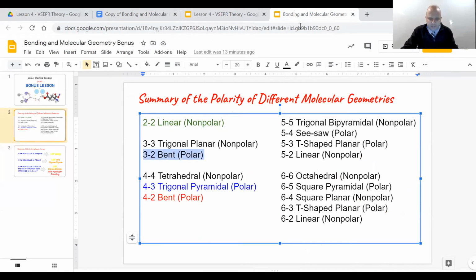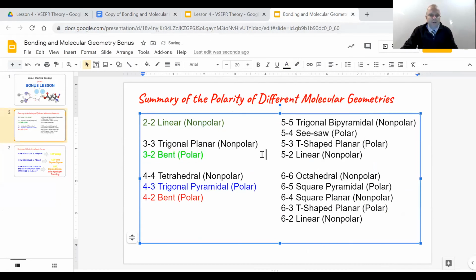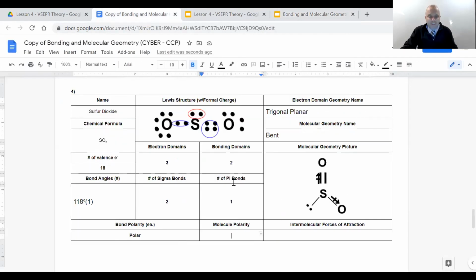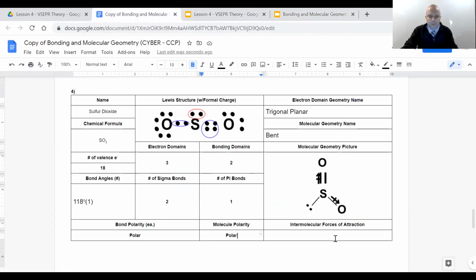It's going to be this one right here. Look at this green. So we have a 3-2. That's definitely going to be polar. And then looking at the second part of our cheat sheet here, is the molecule polar? Yes. It doesn't have any hydrogen, so it's not going to be this one down here. So we're going to get LDF and dipole-dipole.